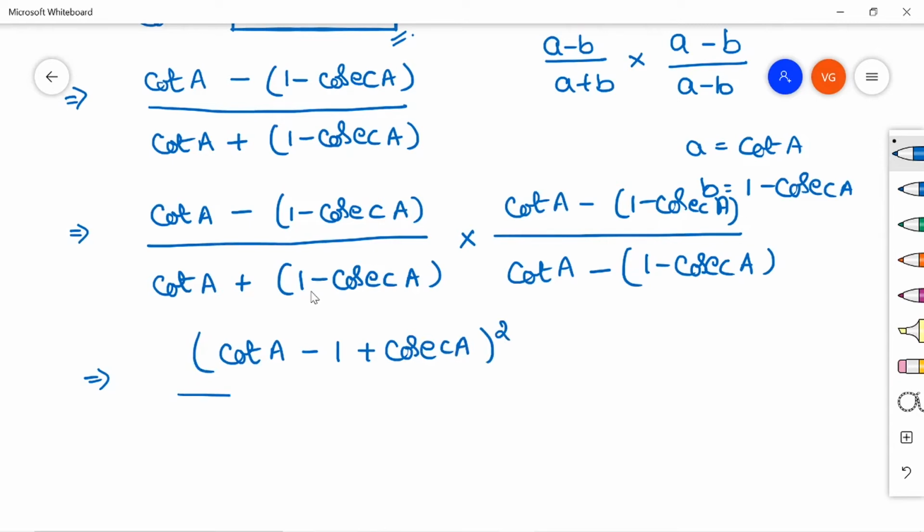The denominator is A plus B multiplied by A minus B, that is the A square minus B square form.